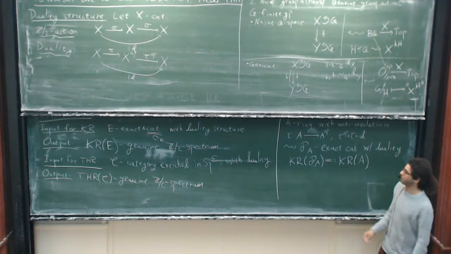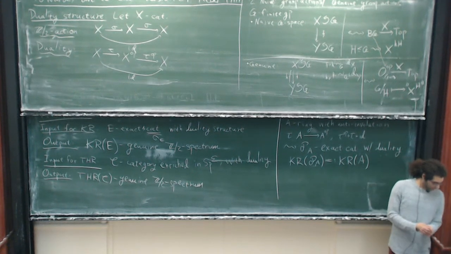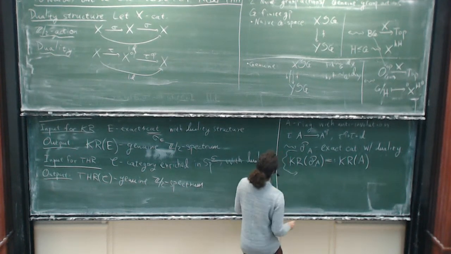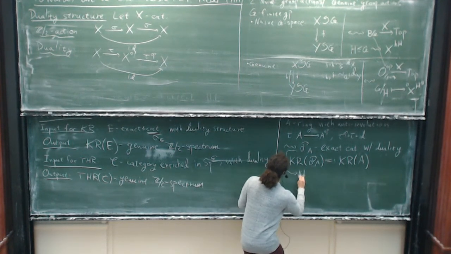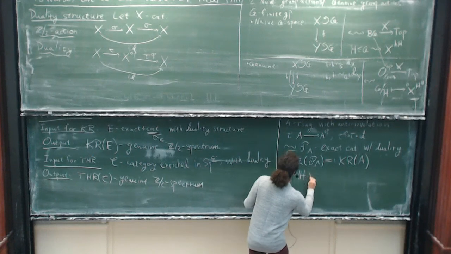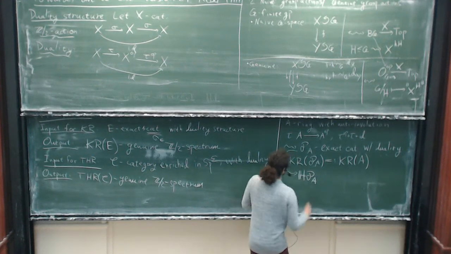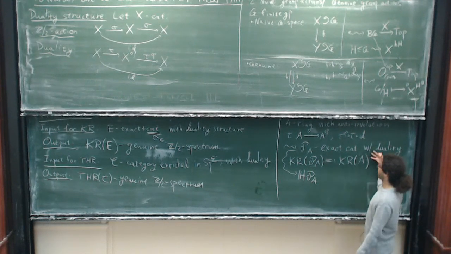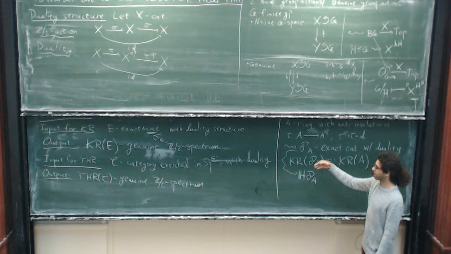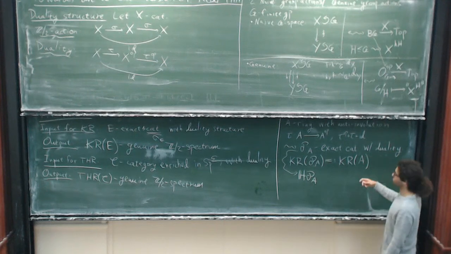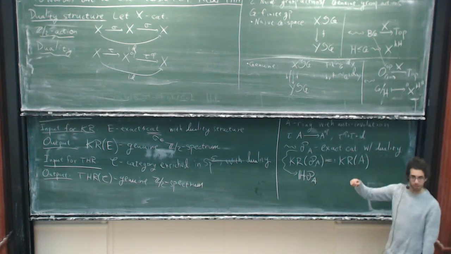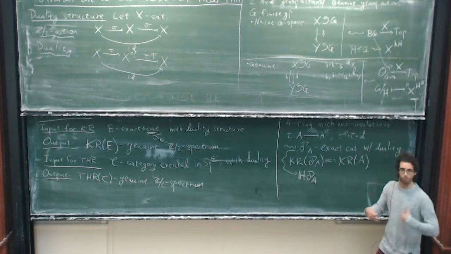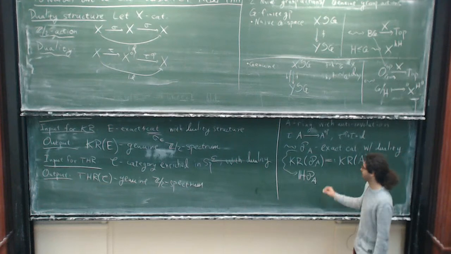Okay, but how do we define the real THH of A? We can take this category and take the Eilenberg-MacLane functor, and this takes an exact category with duality and gives us an enrichment not over abelian groups, but over symmetric spectra. The Eilenberg-MacLane functor takes an abelian group to a symmetric spectrum, so we get an enrichment.